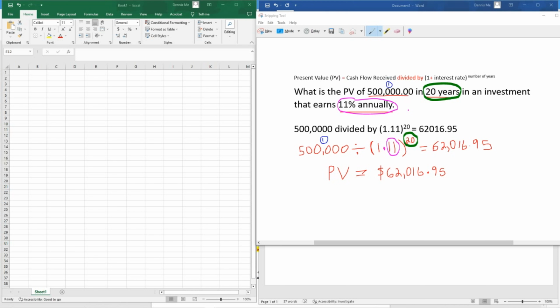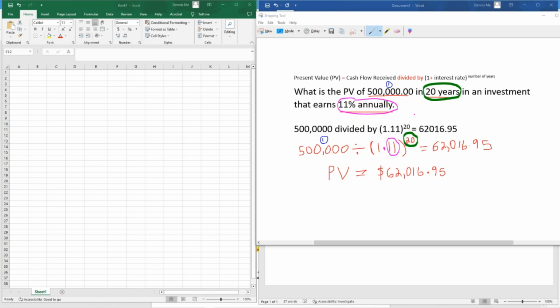And how would you know that putting your money in that 15% option is the better opportunity? Because you would take this number that they've provided: in 20 years, we're going to give you $500,000 back, and we're paying 11% annually.